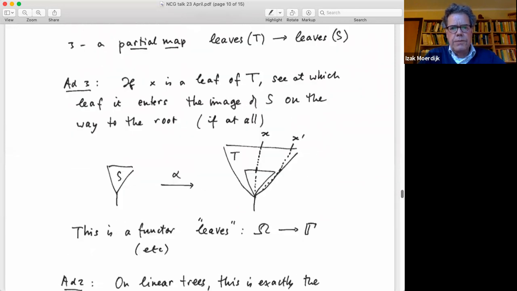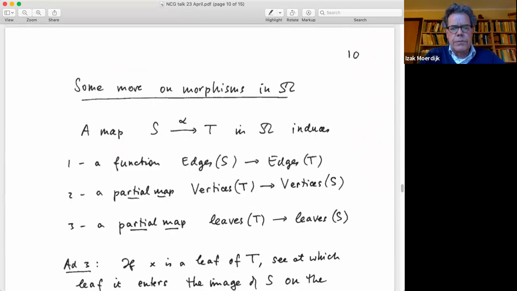By the way, about these half edges, there are many variants of omega. You could take trees without these half edges, without leaves. That's very good for operads which have a constant in degree 0, for P0 a point.